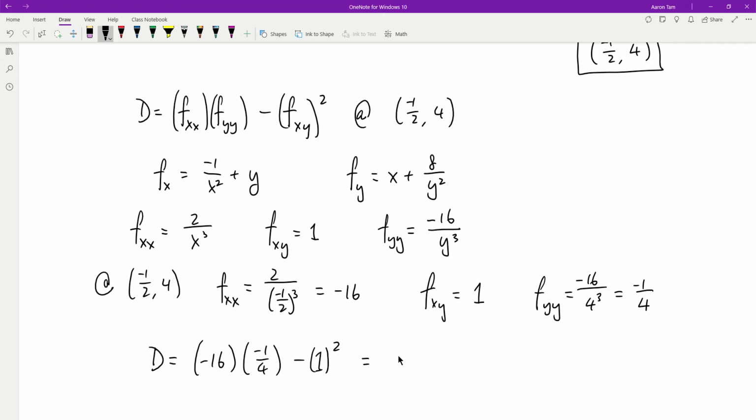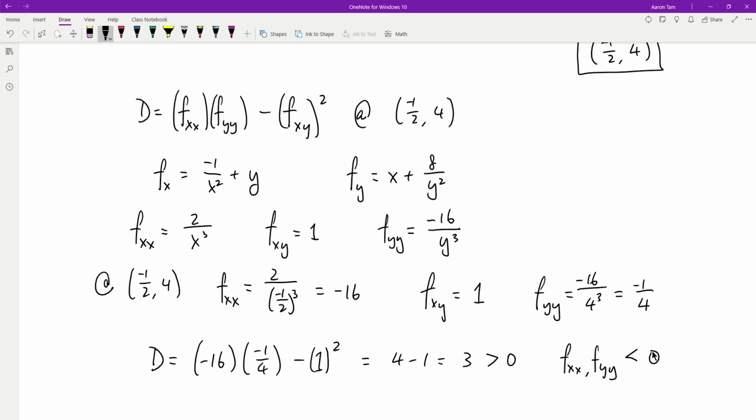That comes out to be 4 minus 1, which is 3, and that is greater than 0. When it's greater than 0, I have to look at case 1 and case 2. Case 1 and case 2 ask me to identify what happens to fxx. Here I know that fxx as well as fyy are both less than 0.